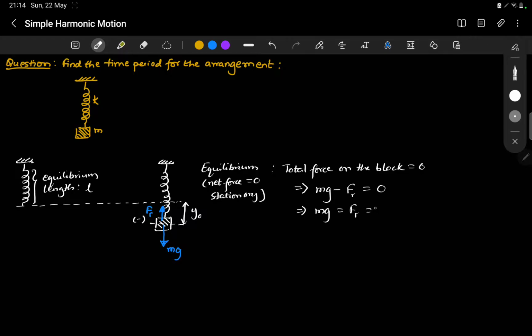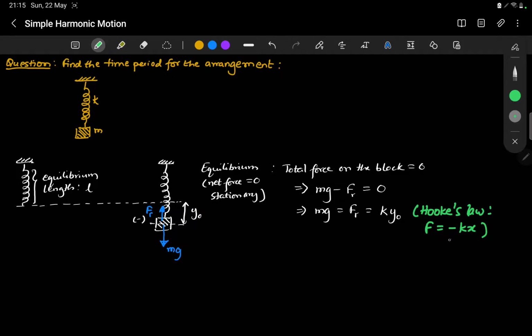So we have over here simply k times the extension, which is y naught. This is coming from Hooke's law, which says that the restoring force is equal to negative k times displacement.